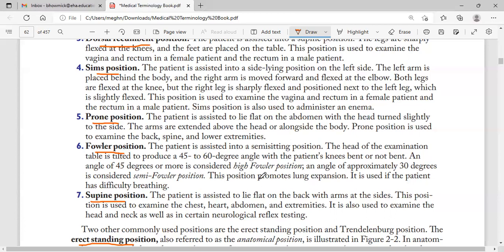I will show you the picture so you can easily understand. An angle of approximately 30 degrees is considered semi-Fowler. These positions promote lung expansion. It is used if the patient has difficulty breathing.